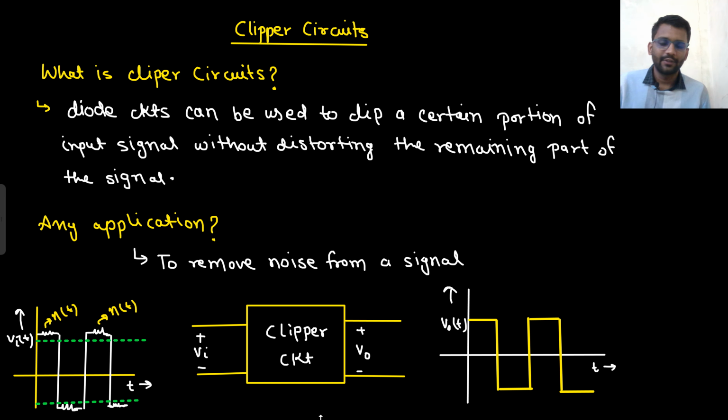Okay, well and good. Upper part is clipped off, so final output is looking something like this. Okay, so this is a simple clipper circuit. Now how we can frame the clipper circuit using diode, resistor, or any other component, that we will see.